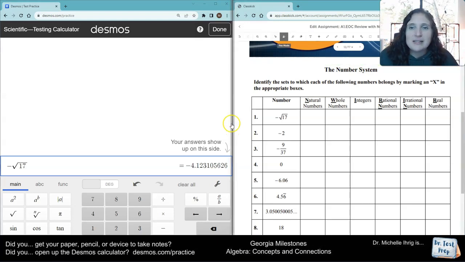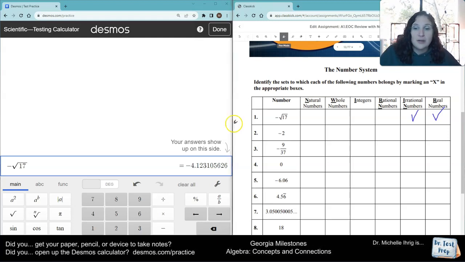Anytime you see something that's ugly, it's going to be irrational. It's also going to be real. Now, if something is imaginary, like if it's divided by 0, then it wouldn't be anything. Or if you have the letter i for imaginary, it wouldn't be real.